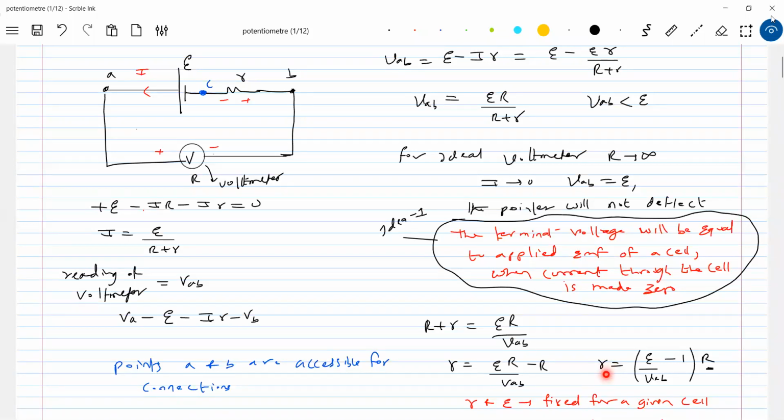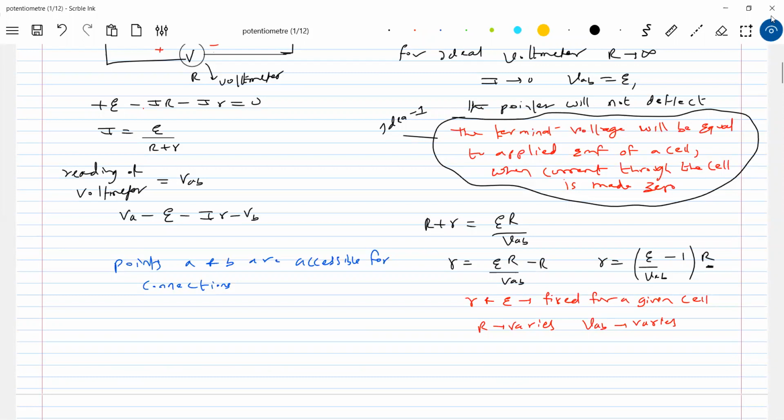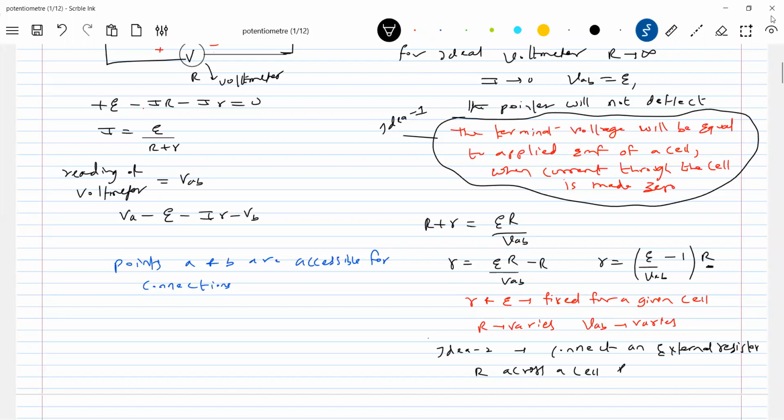So what is idea two? The idea two is connect an external resistor R across a cell and measure terminal voltage VAB and use above formula.